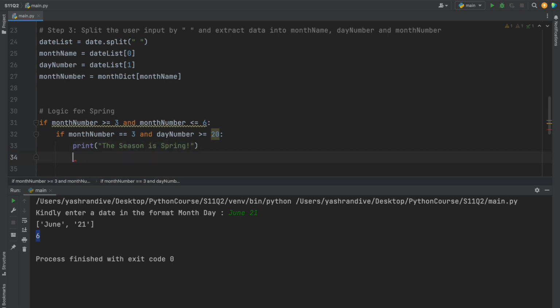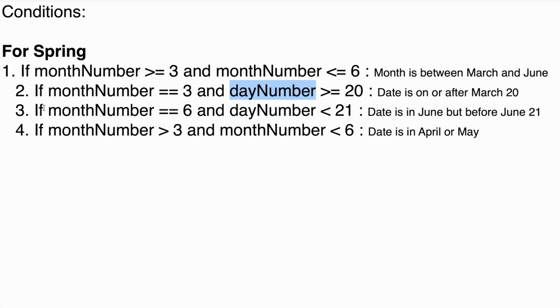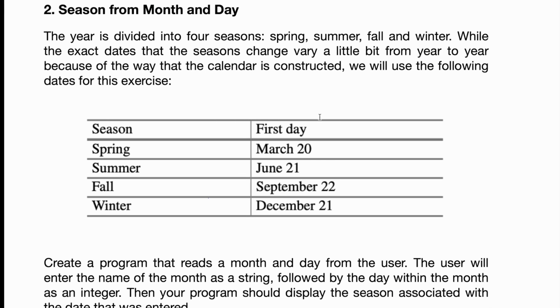Awesome. Now, the next one, which is if the month number equals 6, which is if the month is June, and the day number is less than 21, which is if the month is June and the day is lesser than the 21st day of June or is before the 21st day of June, then it is spring.